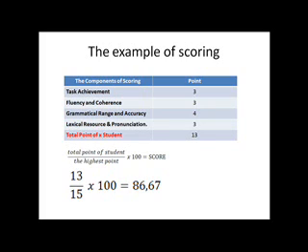To know the real score of the student, the formula is the student's total points divided by the highest point, multiplied by 100. Then the score will be 13 divided by 15 multiplied by 100, equal to 86.67.